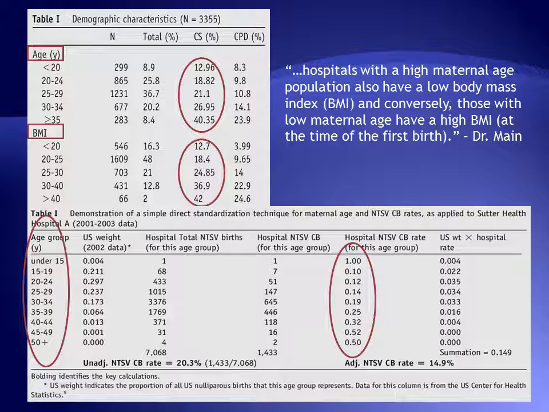Dr. Main can't possibly be claiming that women get thinner as they get older, because if that claim were true, then no one would have ever noticed the significant effect of age on outcome, because if older women were thinner and younger women were heavier, then these two factors would have canceled each other out, and the NTSV cesarean birth rate would be the same for all age groups.